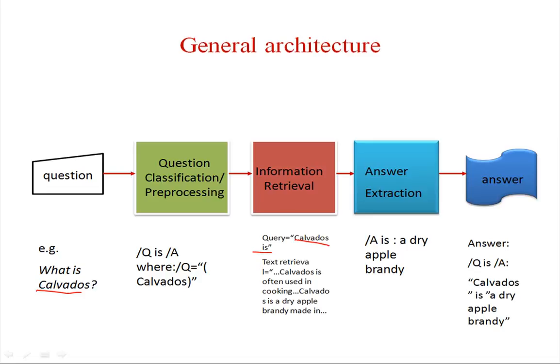After that we apply the answer extraction framework, which identifies and ranks the set of answers according to relevance to the given question. For example, this is a sample answer, and this is a generated answer list: Calvados is a dry apple brandy.